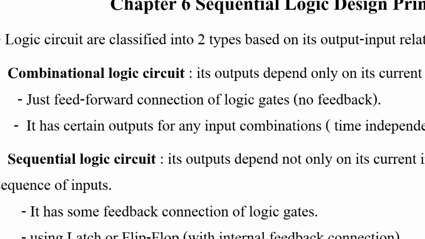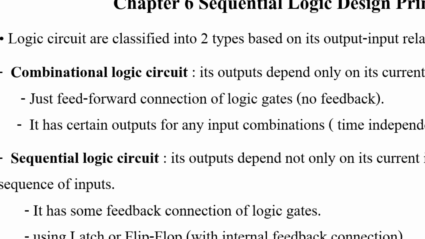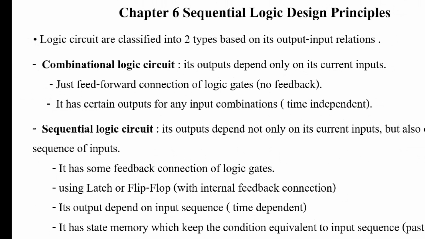In the first half of this course, before the midterm examination, we have already learned about conventional logic circuits, circuits whose output depends only on the current input. For example, a conventional circuit may have 2 or 3 inputs and a 2-bit output.